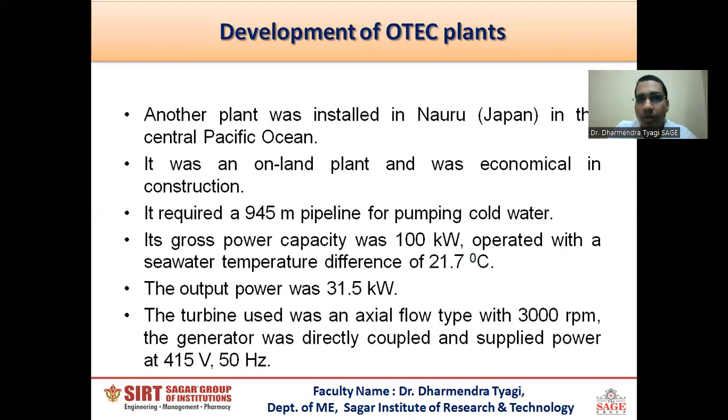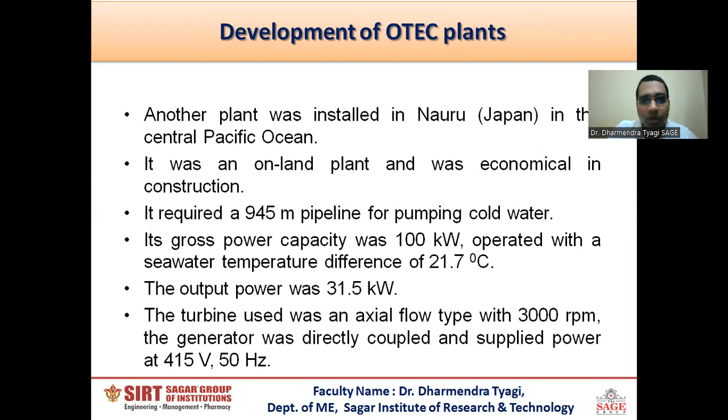Another plant was installed in Nauru, in the Central Pacific Ocean. It was an on-land plant and was economical in construction. It required a 945-meter pipeline for pumping cold water.